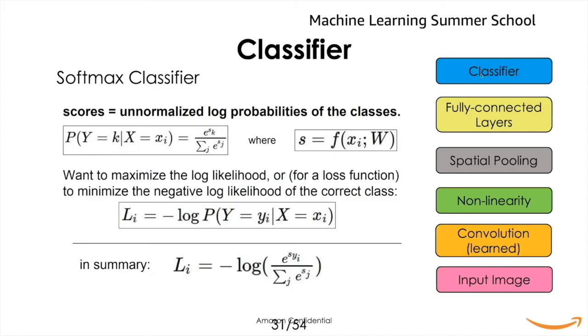Finally, we come to the classifier. In our case, we are using the softmax function as our classifier. So what is a softmax function? The softmax function takes an n-dimensional vector of real numbers and transforms it into a vector of real numbers in the range of 0 to 1, which add up to 1.